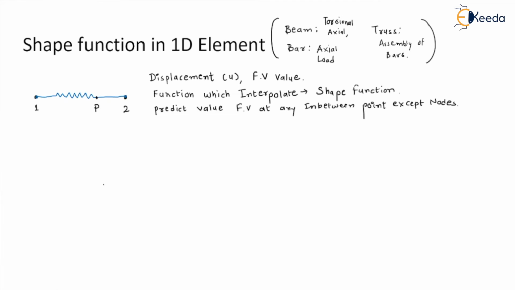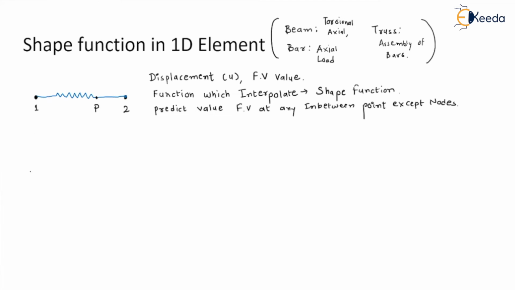Now we are going to see the relationship between shape function. We will derive what is shape function. To understand the shape function, first we need to understand there are basically three coordinate systems we are going to see in this chapter.